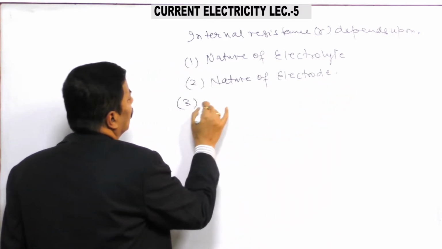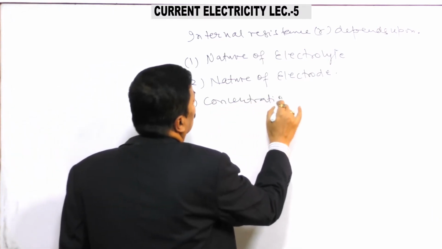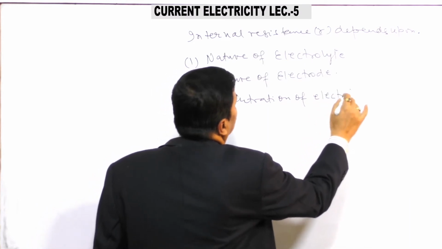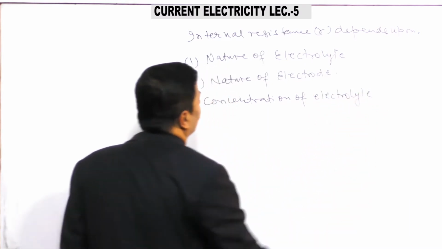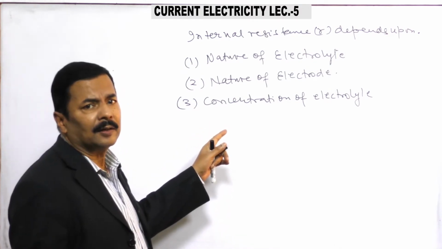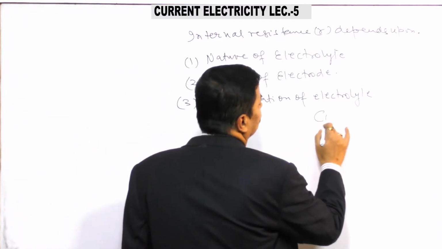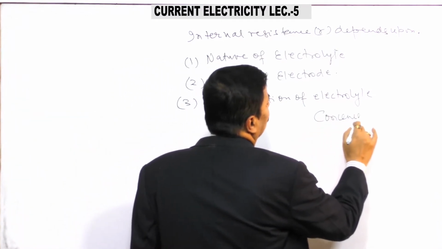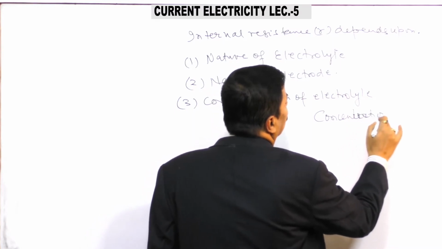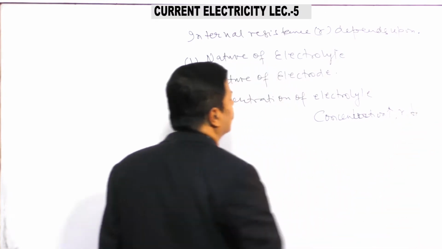Third, the concentration of the electrolyte. If the concentration of the electrolyte increases, then the internal resistance decreases. Concentration increases, then r decreases.